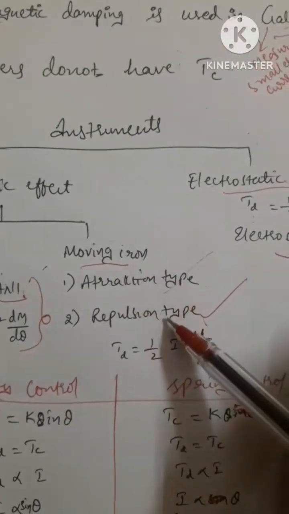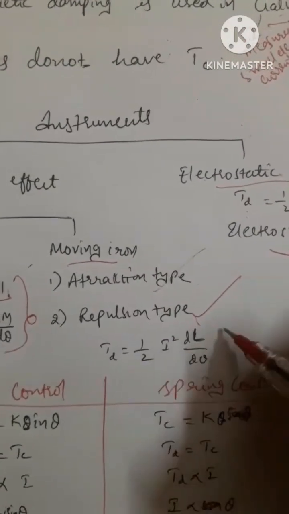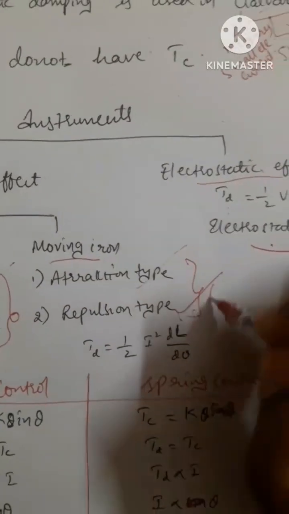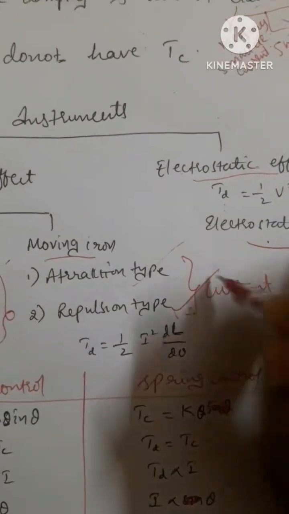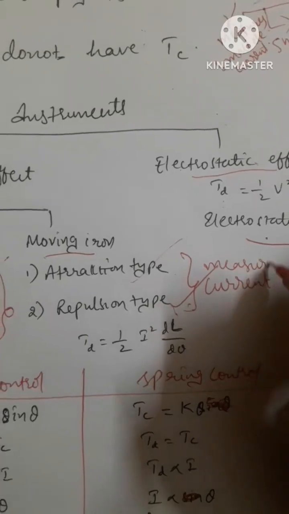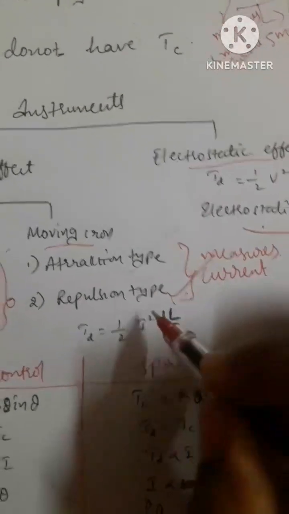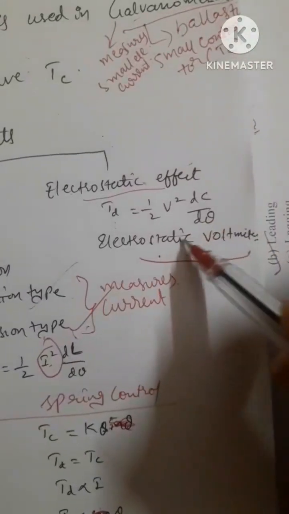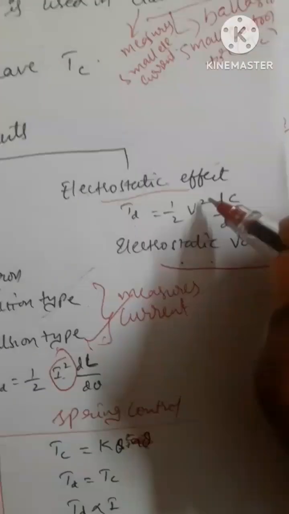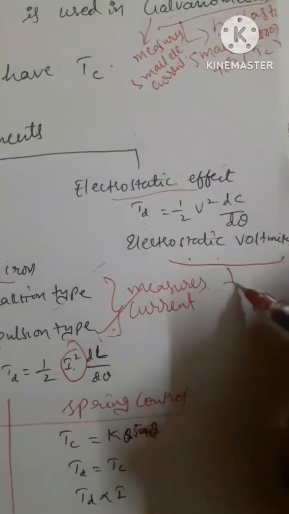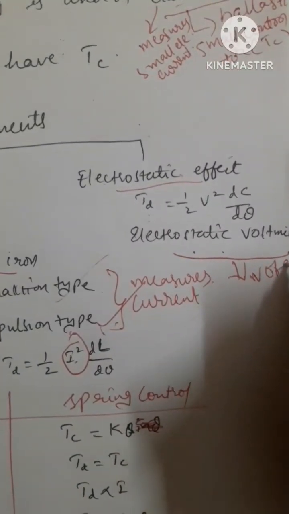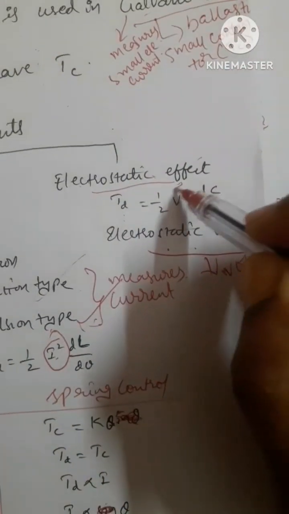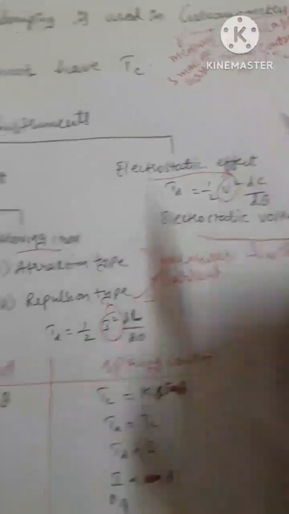Moving iron instruments measure current, that's why TD has I square. Electrostatic voltmeters measure voltage, that's why we have half V square dC by d theta.